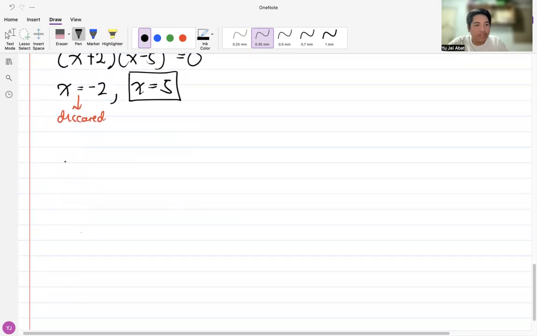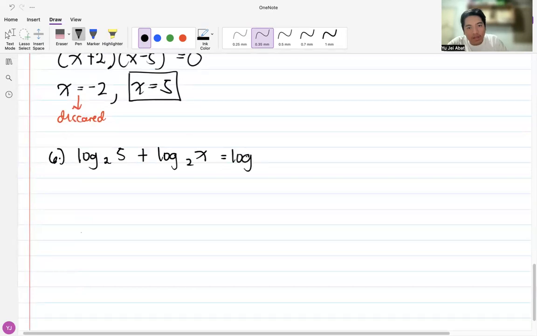For number 6, we have logarithm of 5 with base 2 plus logarithm of x with base 2 equals logarithm of (x plus 20) with base 2. How does this apply? Again, this is a product rule.